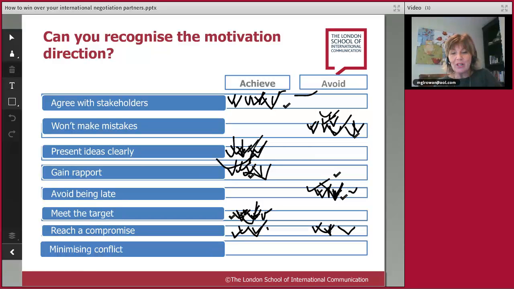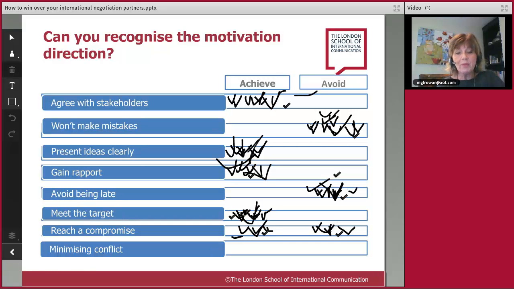Reach a compromise, because it involves achieving, but not necessarily achieving everything that you might have hoped, has a dimension of both. So you can see that although in certain situations and certain phrases, it's very clear what somebody's motivation direction is, in other situations, you can find that it's split between the two styles, and I'll talk to you about how to deal with that in a minute.